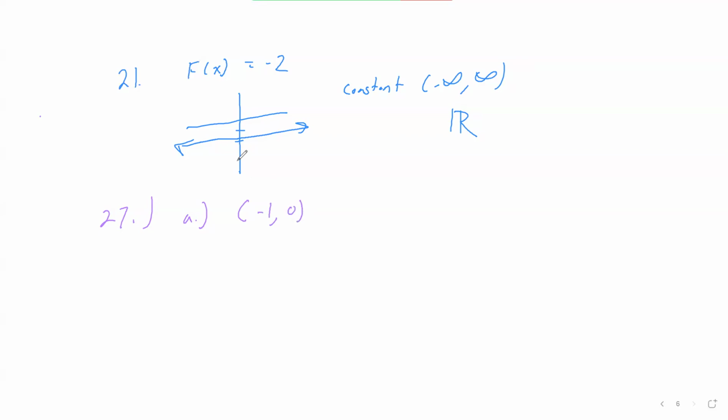And because it goes from decreasing to increasing, this will be a local min. And then I see another extrema at 2, 3. And that right there would be a local max. So I found the values and then just label them from there.